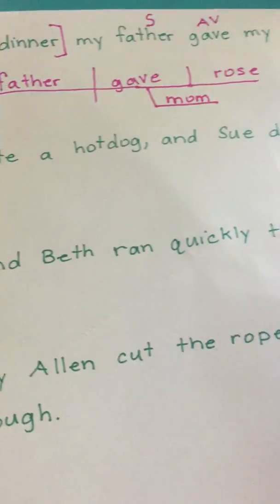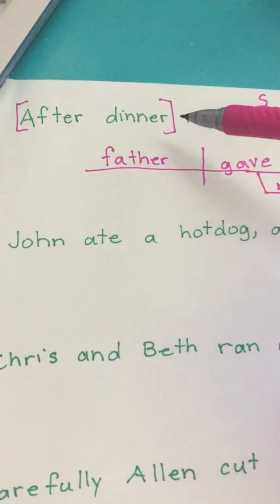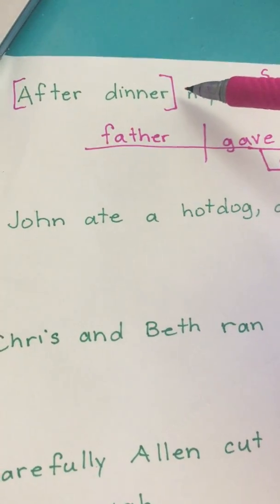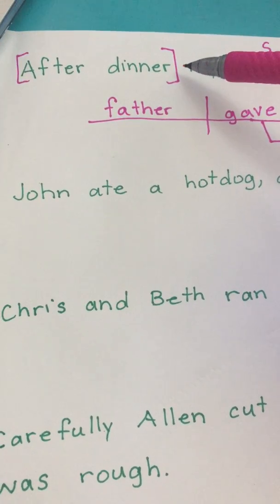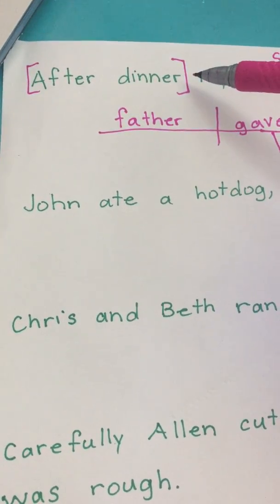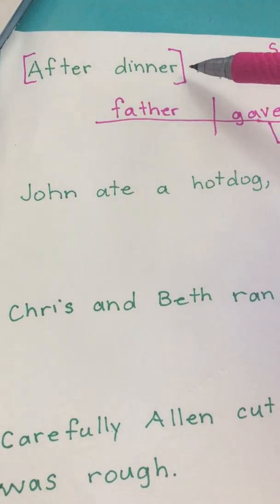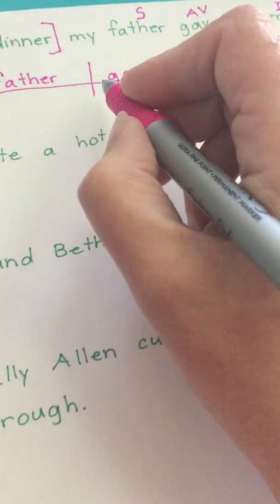Mom. And then we're going to come through and get everything else. So after dinner is a prepositional phrase. And you have to ask yourself, what is this modifying? This tells us when. When is an adverb, so therefore this is telling me when he gave it.